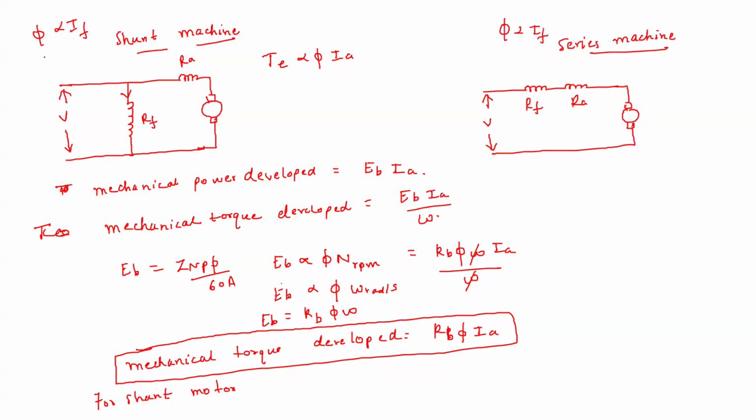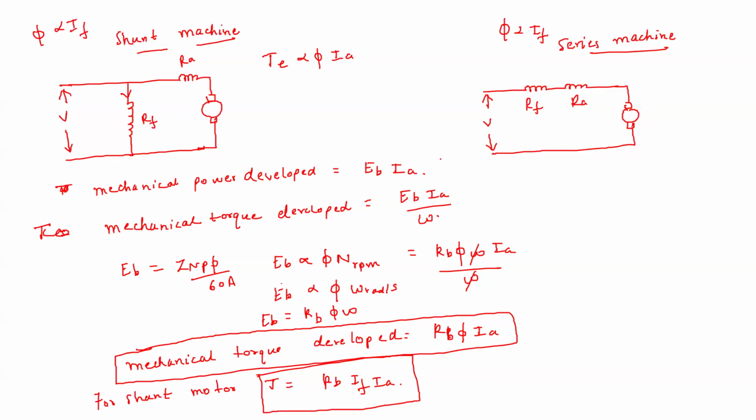For the shunt motor, the torque developed is proportional to KB into IF into IA. And as long as your field resistance is the same and your supply voltage is the same, the field current or flux also remains the same.